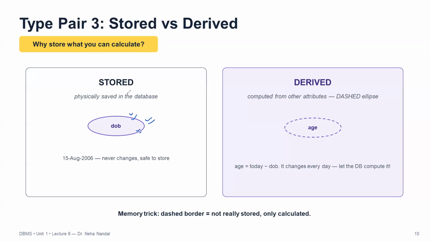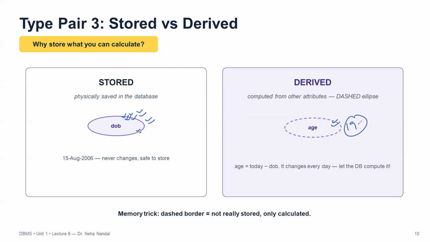So that type of attribute is called a stored attribute. Now why are we not calling it a simple attribute? Because some things can change, but this is one attribute which will not change. Once fixed, it is fixed. Now which one is a derived attribute? Think of age. Suppose we store age in the database as 19.